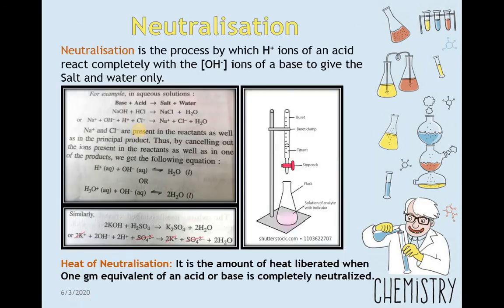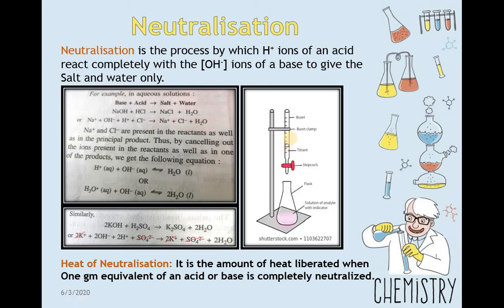Now again, whatever acid you have added to make this solution colorless, that much acid has been used up, and the meniscus moves from 0 to a certain value. So you note this value, how much acid has been added. Let's say this is 0 and this is 15. So the amount of acid added is 15.